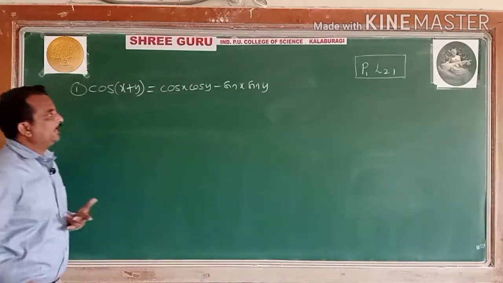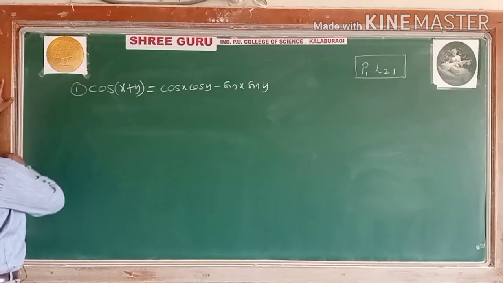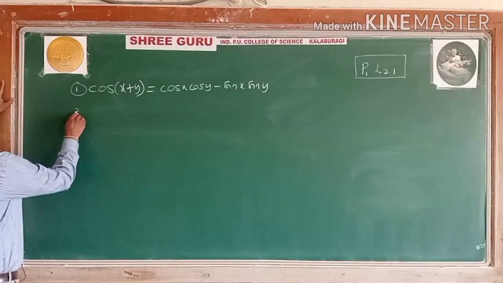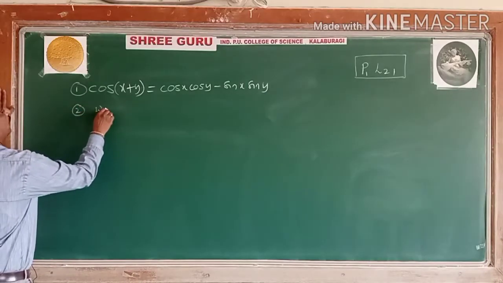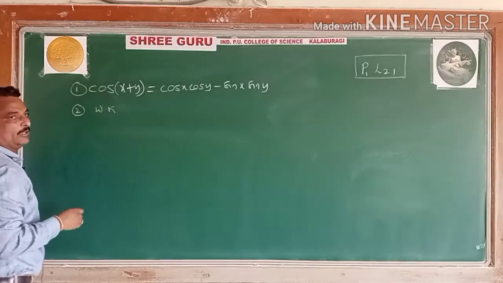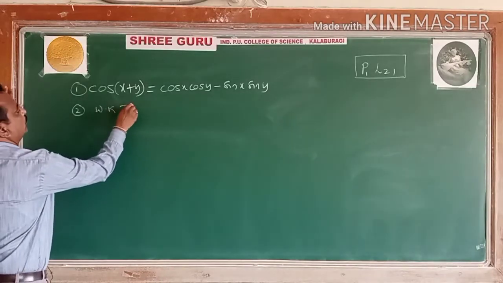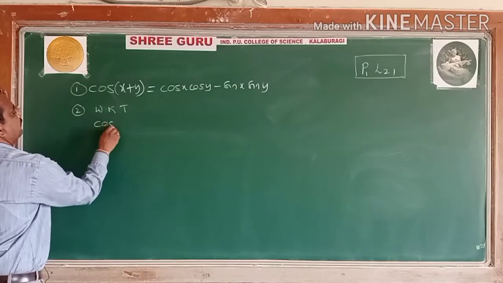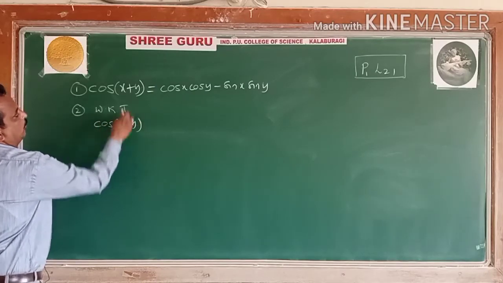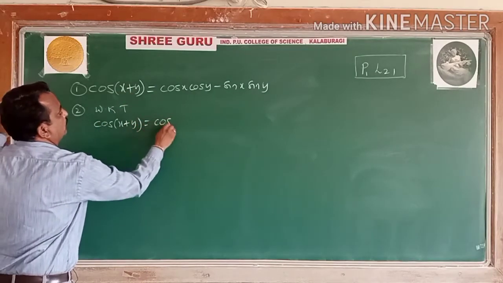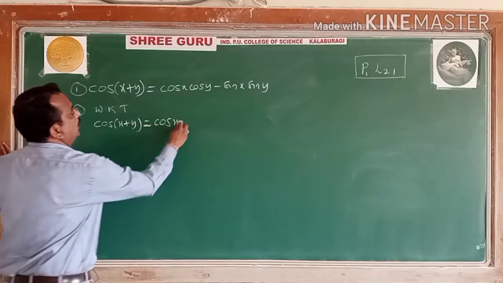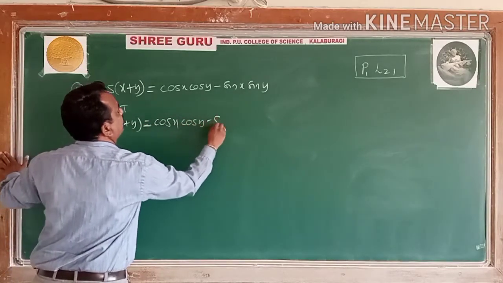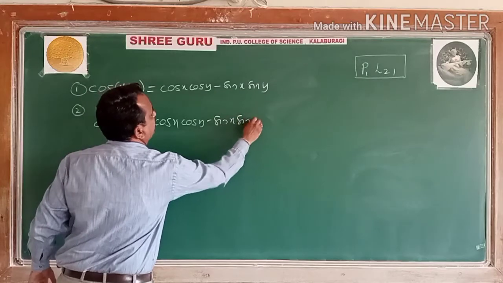We will go for the second result. We will prove cos of x minus y. We know that cos of x plus y is equal to the above result we have proved: cos x into cos y minus sin x into sin y.